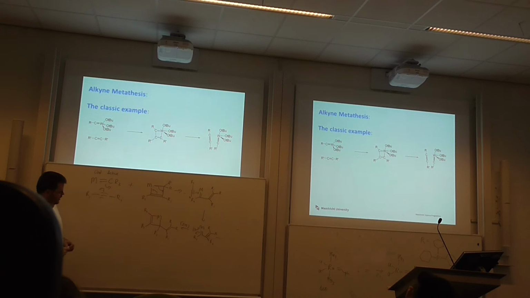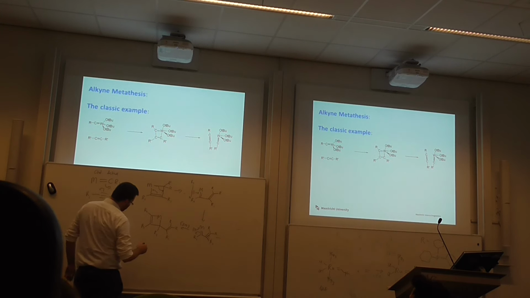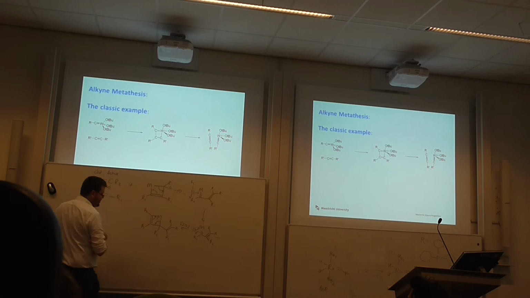And what's going to happen now? Yes, we're going to open up the ring. So this is going to go down here, and this is going to go up here. You see what's happening? Polymerization. Yes, we're forming a polymer.